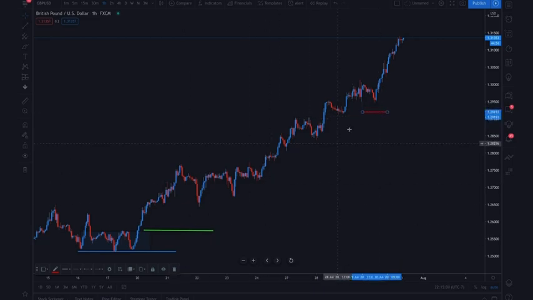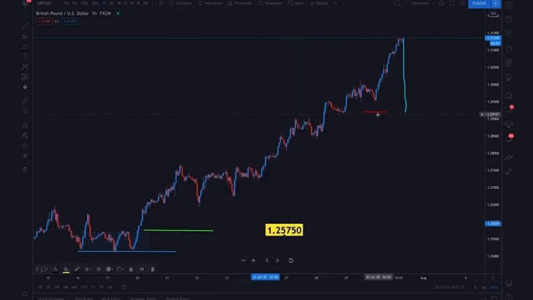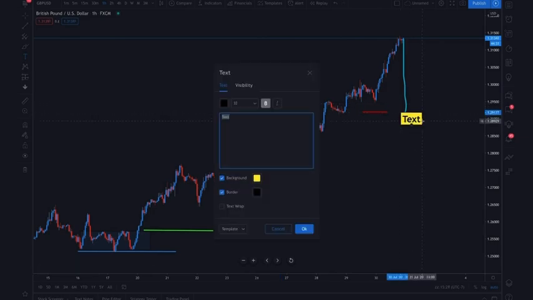Now you're so much into profit that if this trade decides to come crashing down, this was 1.25750. And this right here is, I would just say, 1.29200.